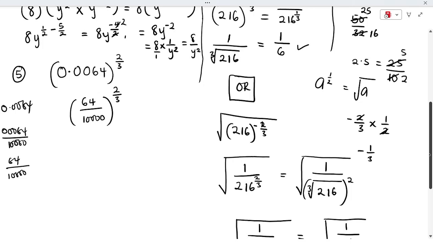All right, so up next, you have a fractional index. The denominator becomes a root and the numerator remains a power. So you are going to be having the cube root of 64 over 10,000, all still squared.